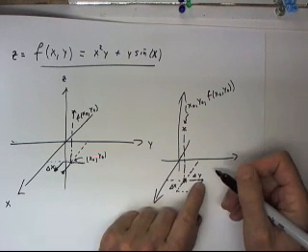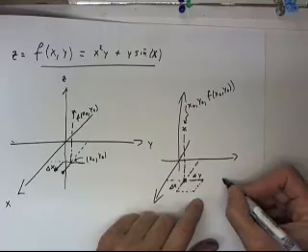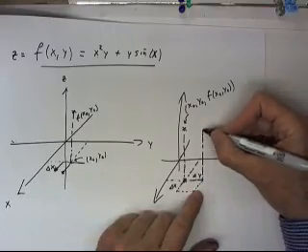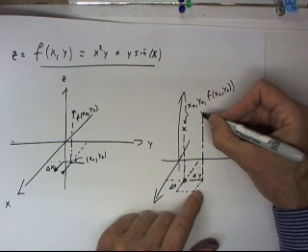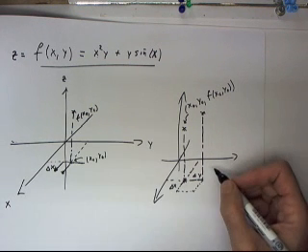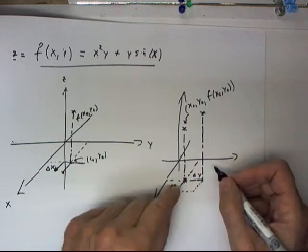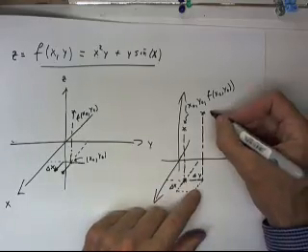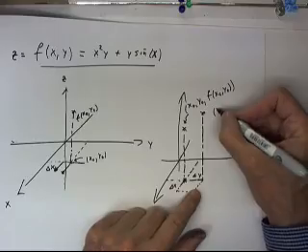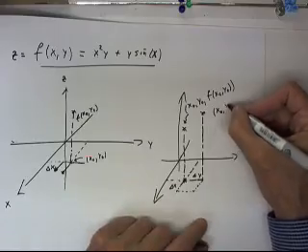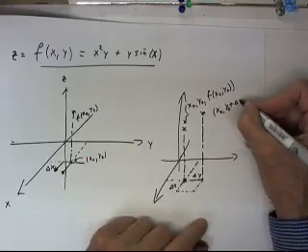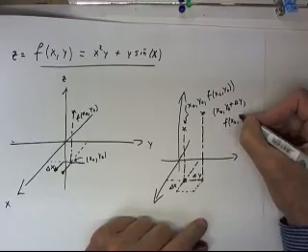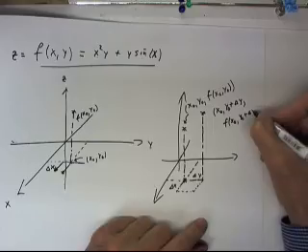And this point here, let's assume that z increases between this point and this point, so that this point is going to be x naught, y naught plus delta y, f of x naught, y naught plus delta y.